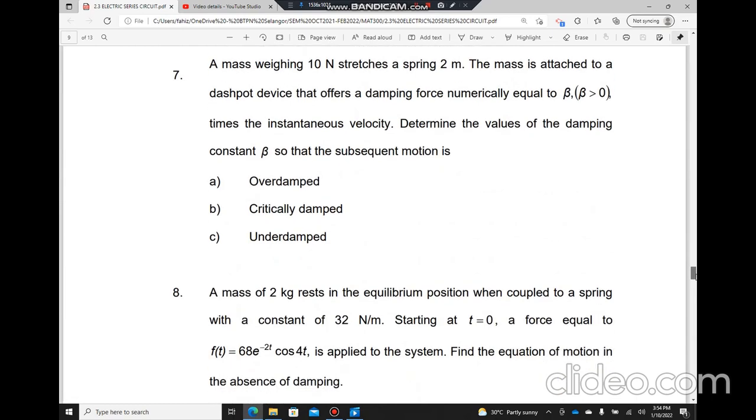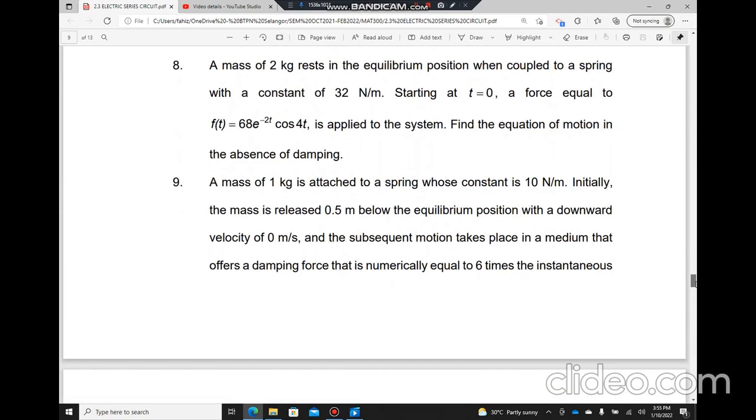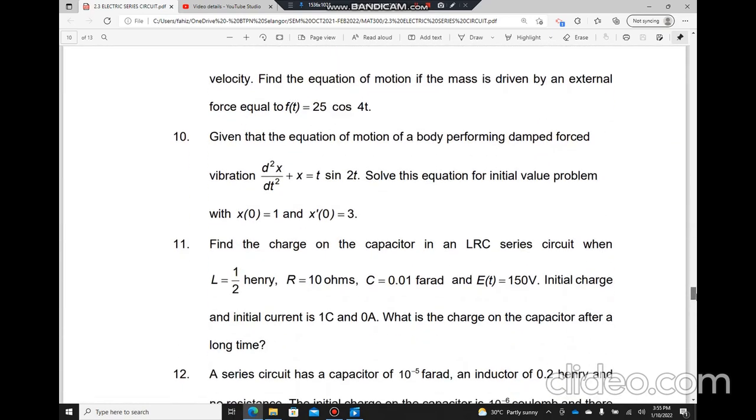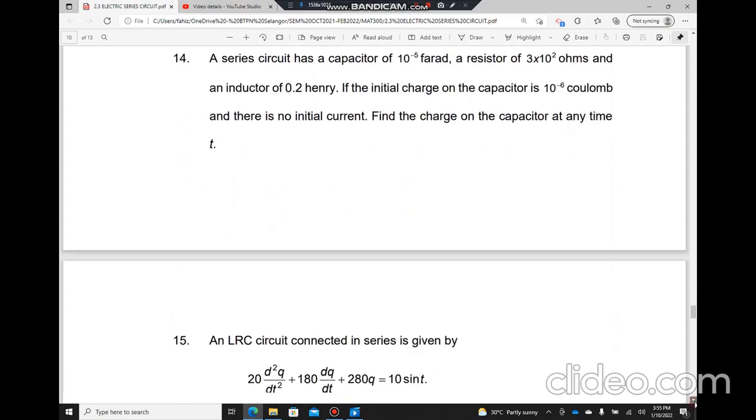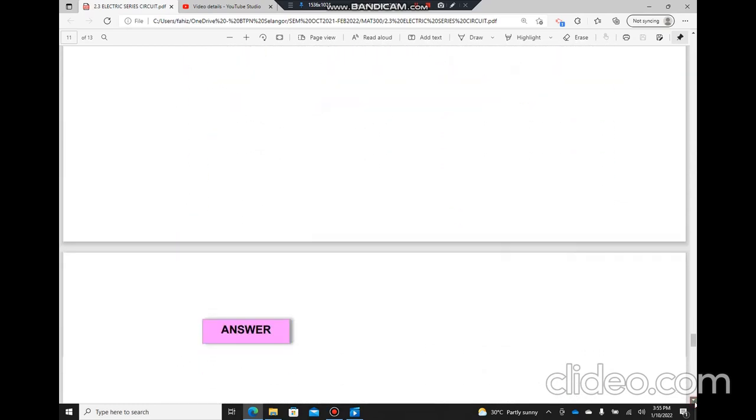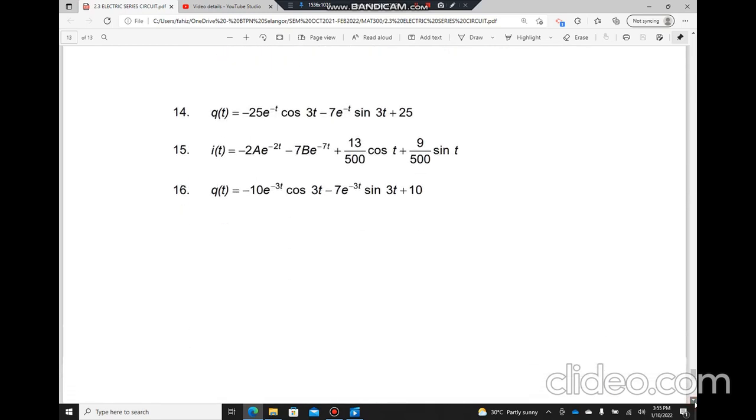Math problem, this one math. Okay, math dia sampai soalan 10. Tu sampai soalan 10 math problem, and then 11, 12, 13, 14, 15 ni soalan untuk electric circuit. And then you can check the answer. Okay, so that's all for chapter 5.